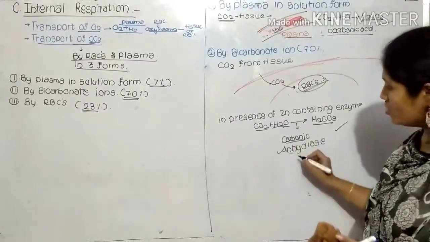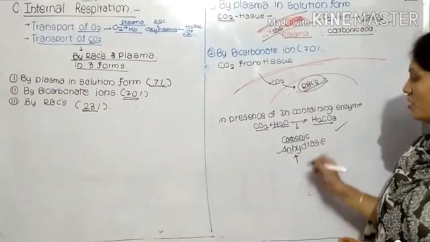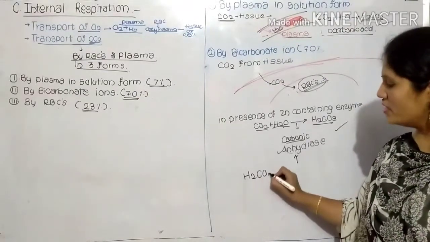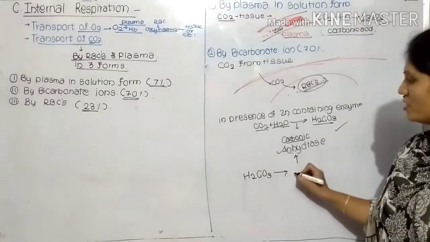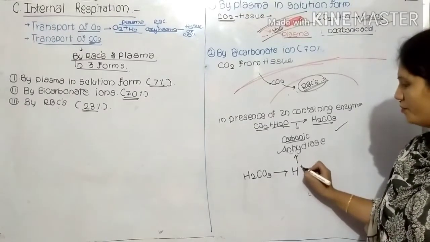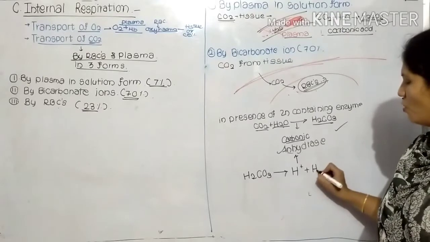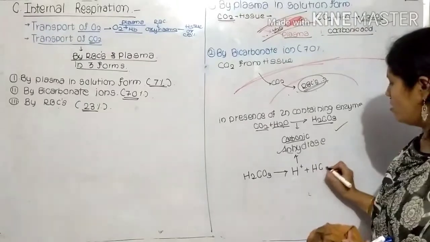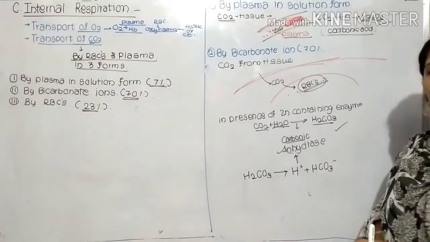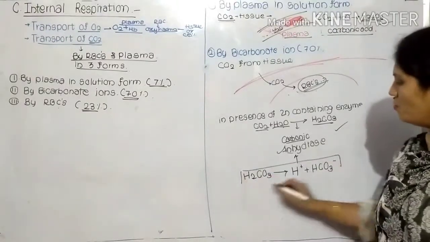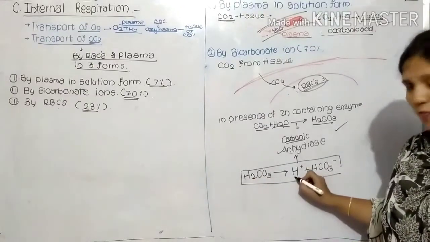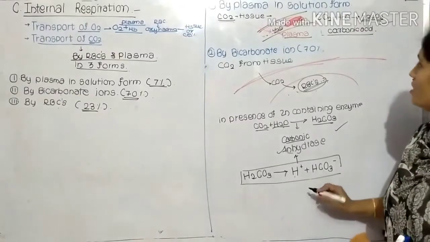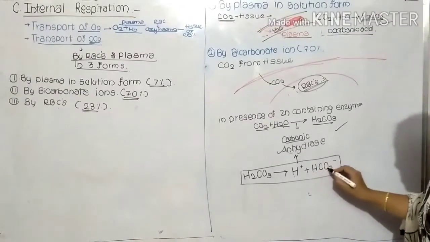Then again, in presence of carbonic anhydrase, this carbonic acid separates into hydrogen, H+, and HCO3, the bicarbonate ion. Is everyone following?